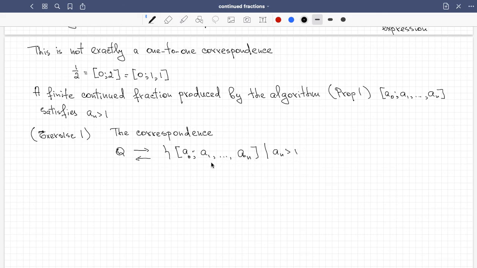They are all positive integers, just the last one should not be 1. A0 is allowed to be an integer, not necessarily positive. So this correspondence is 1 to 1.